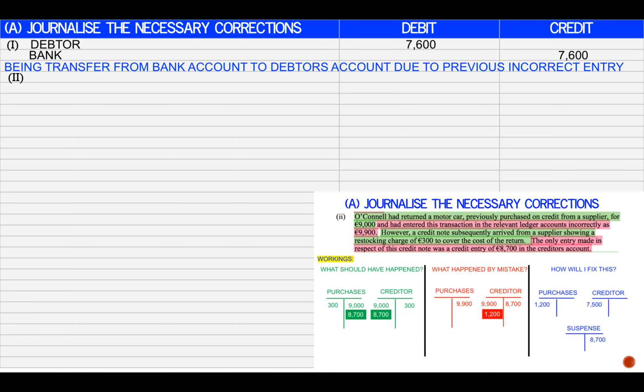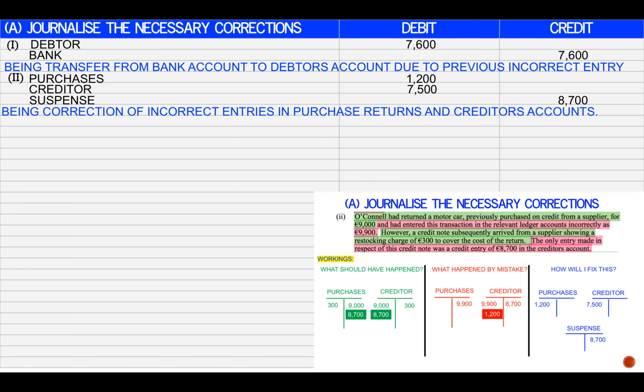So now we're going to transfer the fix-it part over to the journalize the necessary corrections. So purchases €1,200 on the debit side, creditor €7,500 on the credit side, and then the suspense account 8,700 on the credit side. So a little narration there, just mentioning something about the error.